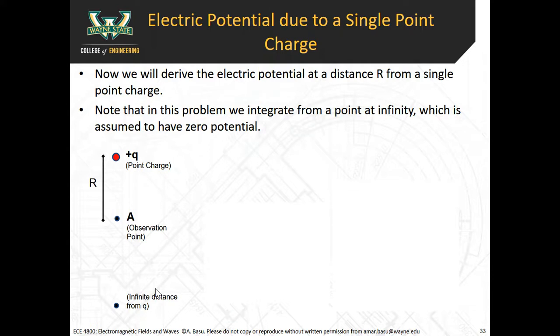I'll give you all a few minutes to try it. You can start off with this formula, and I gave you a hint already. The voltage at V1 is going to be 0.